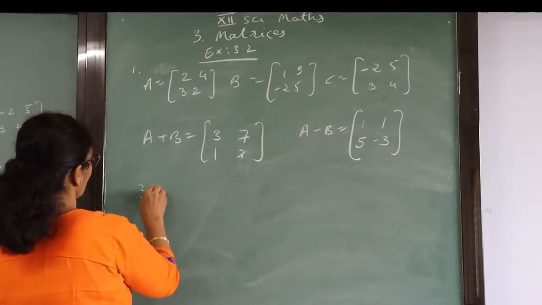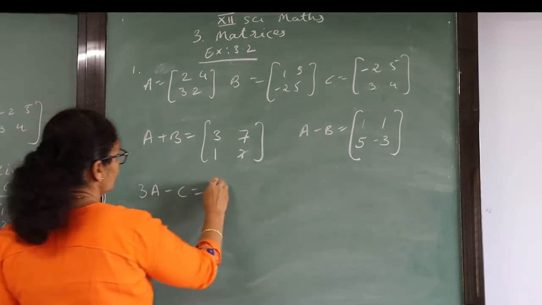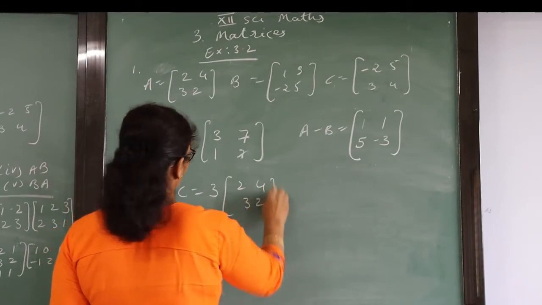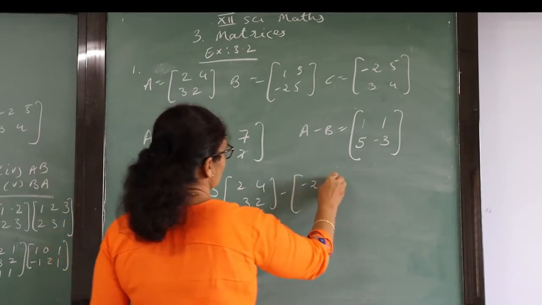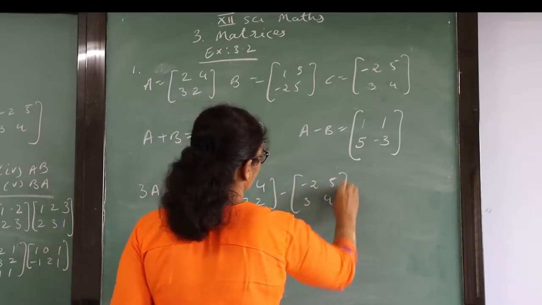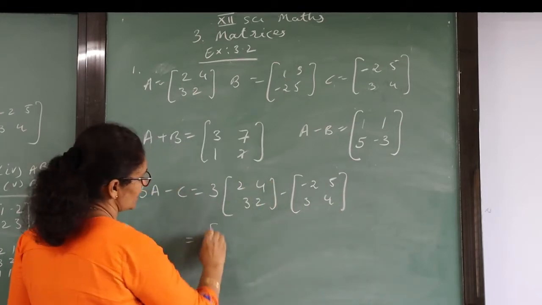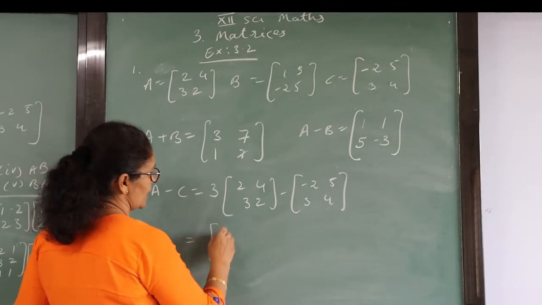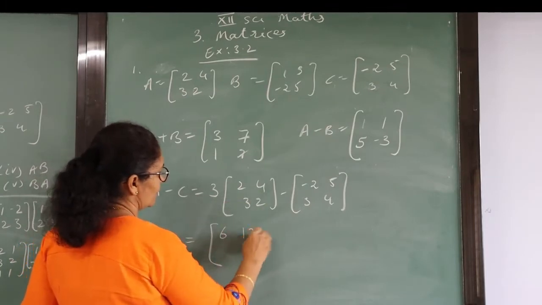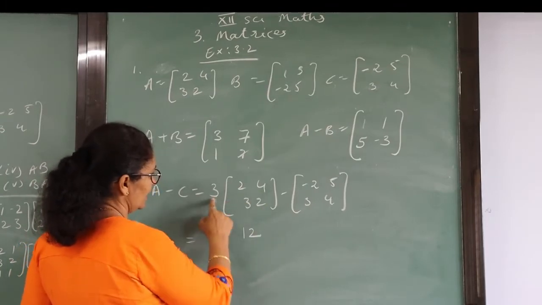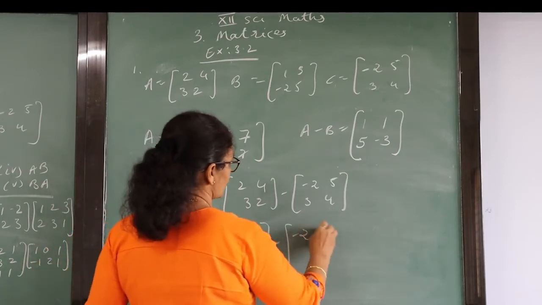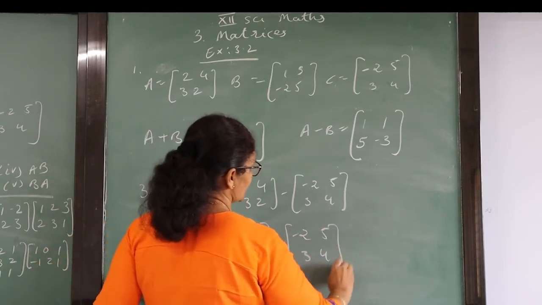Third is 3A minus C. So what to do? 3 into A, 2 4 3 2, minus C, which is minus 2 5 3 and 4. First let's multiply 3 inside the matrix. So 3 2s are 6, 4 3s are 12, 3 3s are 9 and 3 2s are 6, minus the matrix -2 5 3 4 kept as it is.